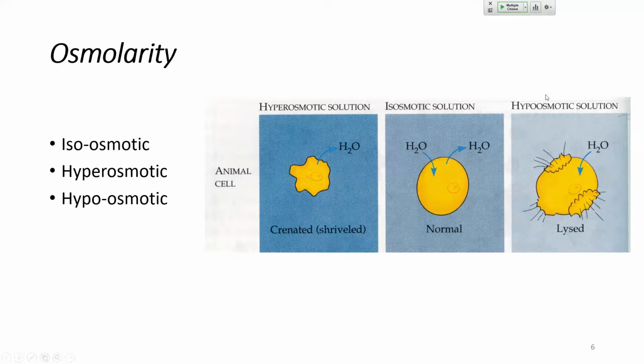We have some flow of water, water is moving out, water is moving in, but there's no net accumulation of water either inside or outside the cell, and so we can maintain the relative shape of that cell.